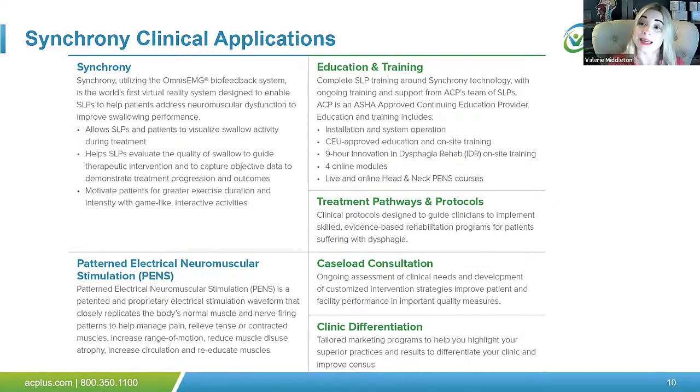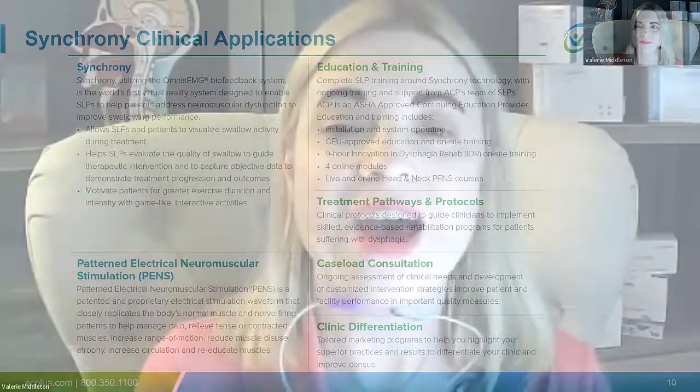This helps them to really buy in and show up for therapy. It also helps your clinicians to now understand, is the patient accurately completing this exercise, and how do I systematically progress them with challenges?